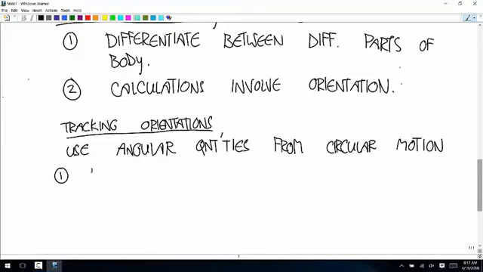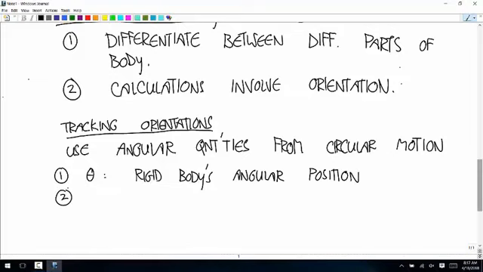So these angular quantities are theta, that's the angular position. So rigid body's angular position. Then the rigid body's angular velocity, how do we represent that? Yes, omega, lowercase omega.